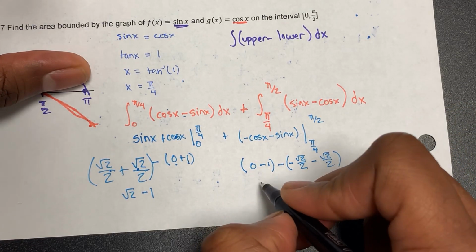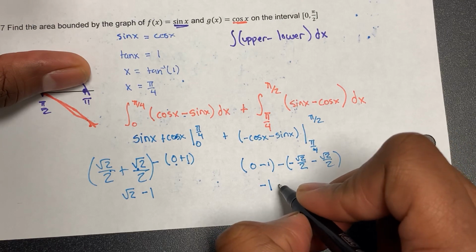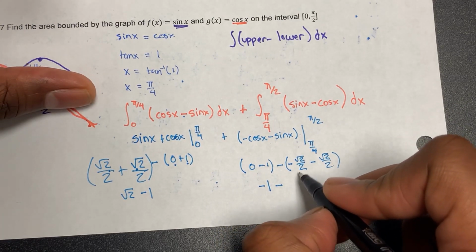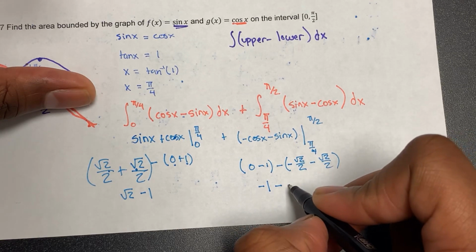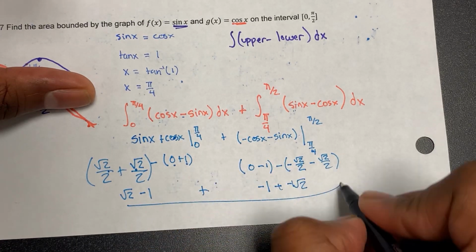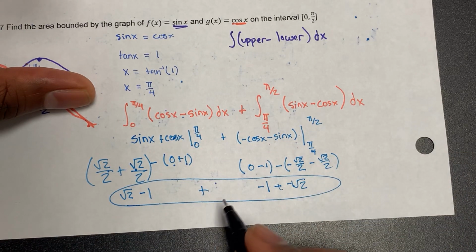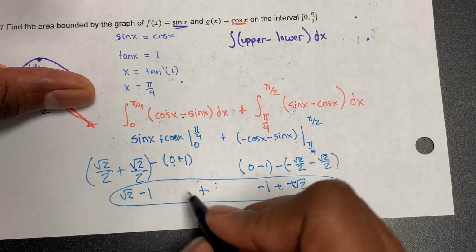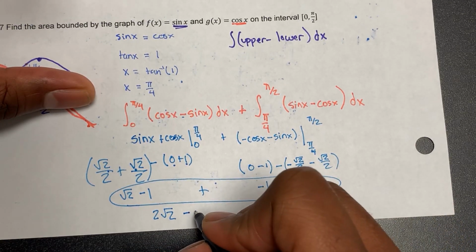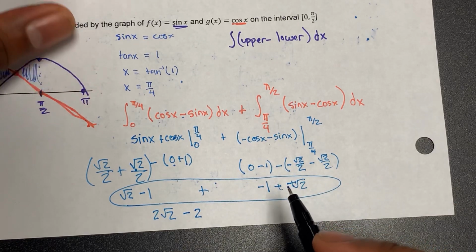So we have negative 1 minus, what's that, negative square root 2? So plus, so we're adding all of this together. So that is 2 square root 2 minus 2.